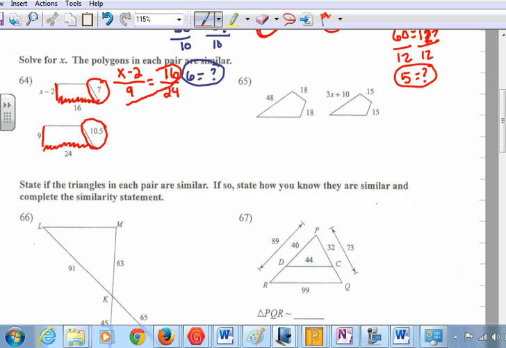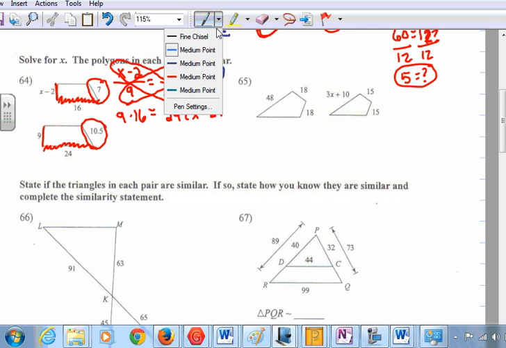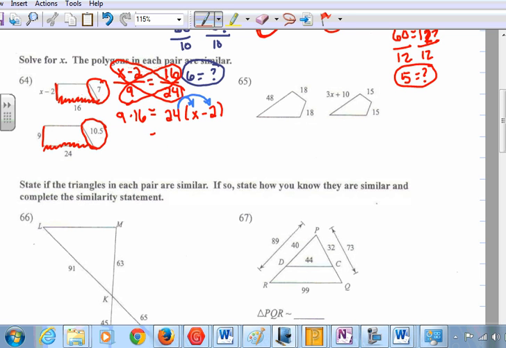We know that we solve a proportion by doing what? Cross multiplying. So I've got 9 times 16 is equal to 24 times the quantity x minus 2. When I have a number times something inside of a parentheses, what do I have to do? Distribute. So 24x minus 24 times 2 is 48 is equal to 9 times 16.